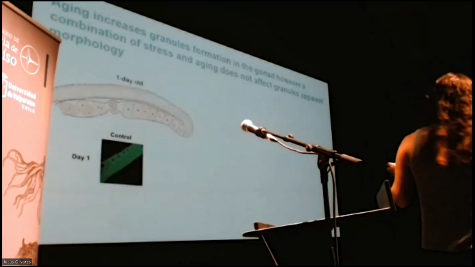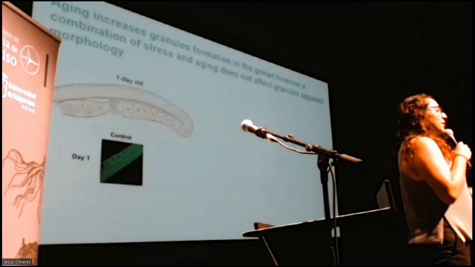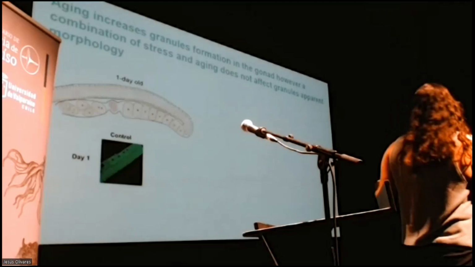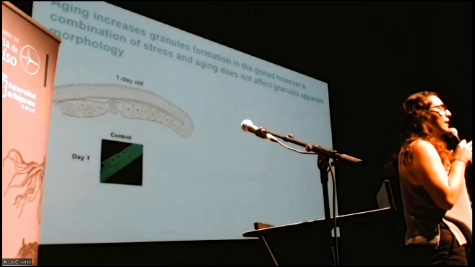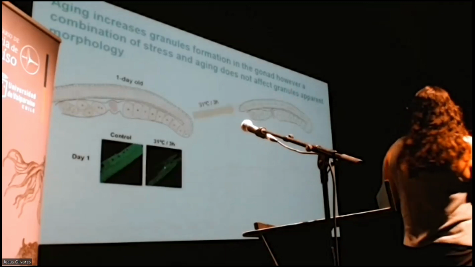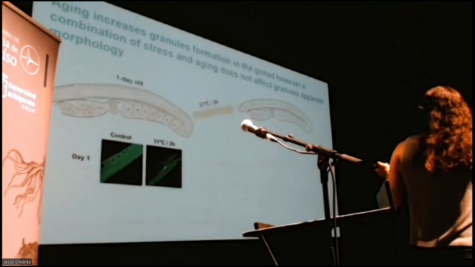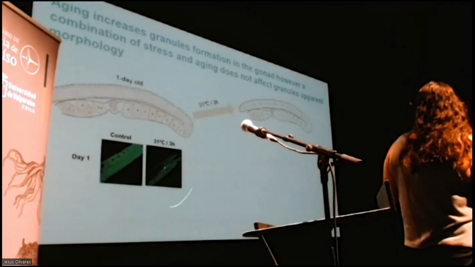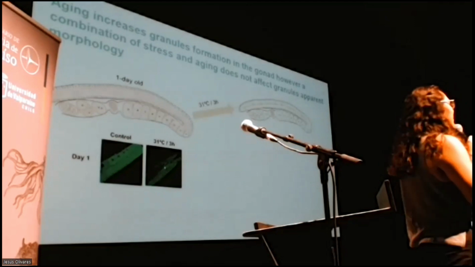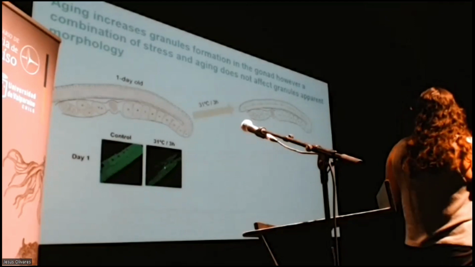So in my project, I want to focus on the study of this stressful condition, but in old worms, at least worms lacking sperm, especially worms 5 days old. This is how we can see the formation of stress granules in worms of just 1 day old.